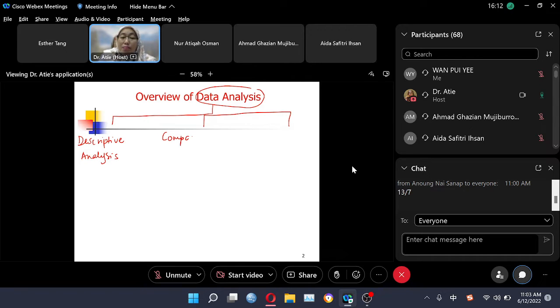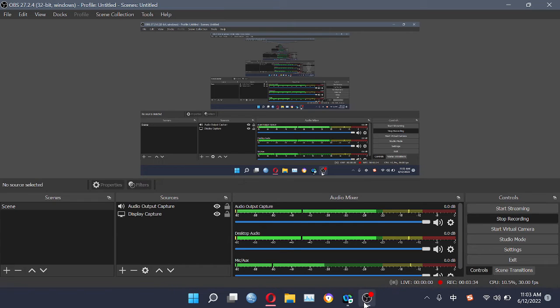So when I say compare means, we have learned three types of comparing means. The first one, we use t-test for two independent samples.